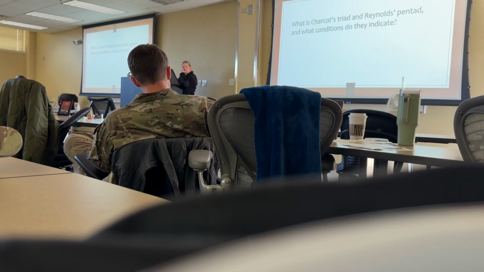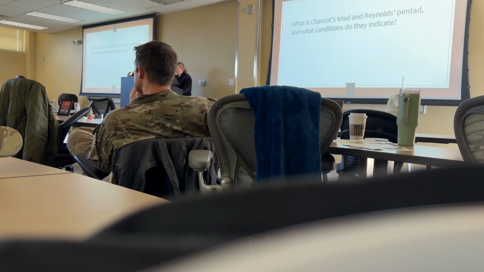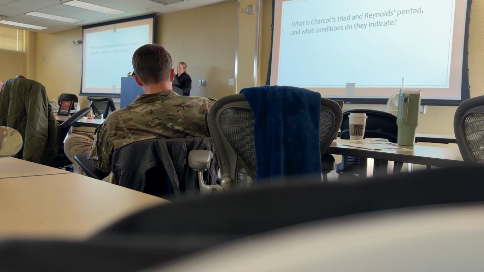Good. Okay. What's Charcot's triad? Right upper quadrant pain, plus jaundice, and then with that, you add hypotension, and what was the other one?